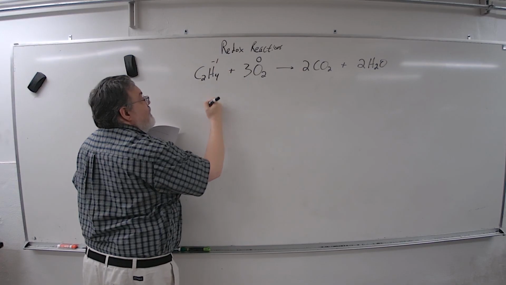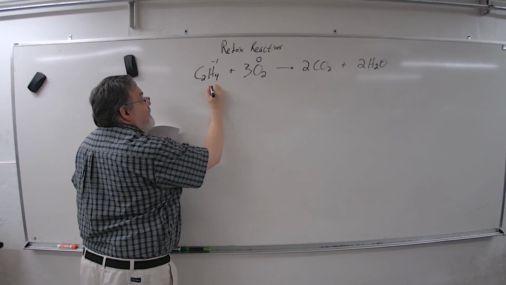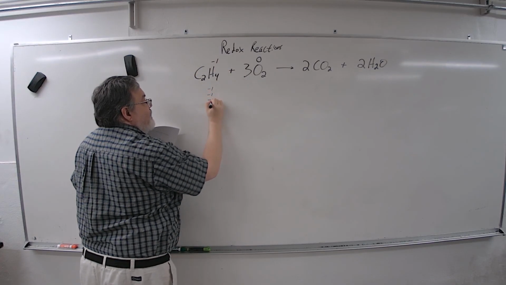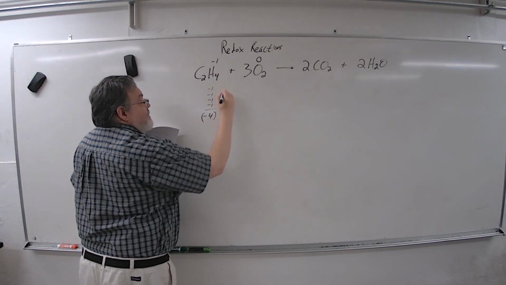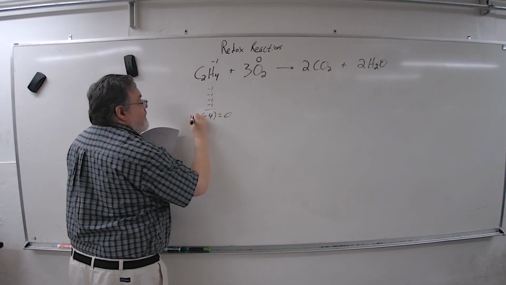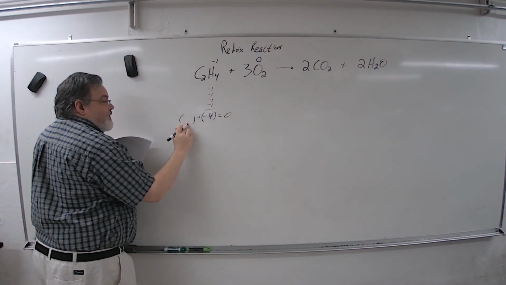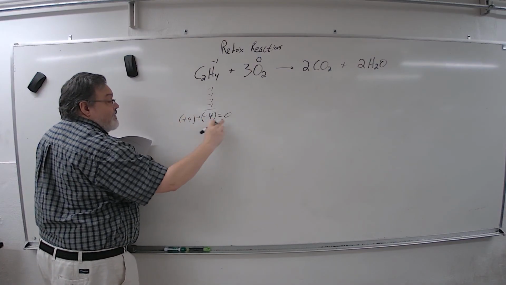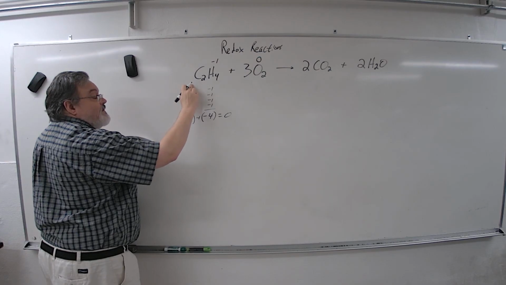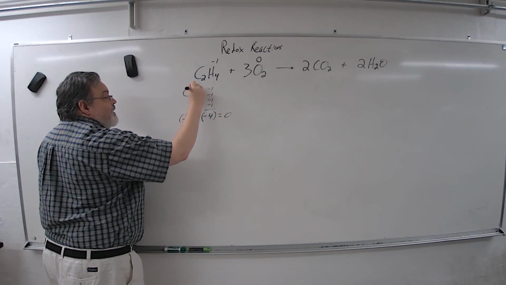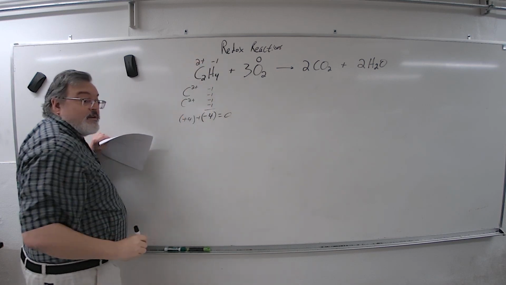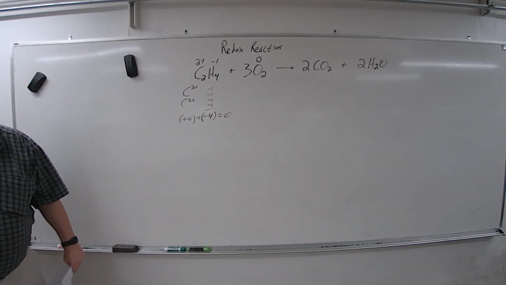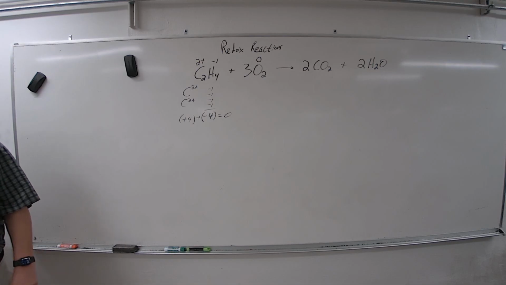This will be -1. All right, and if I've got 4 of them, -1, -1, -1, -1. Total of -4. There's no charge up here for this, so it equals 0. I need to put a +4 here to make this true. There's 2 carbons up here, so I have carbon 2+ and carbon 2+. Carbon is 2+ here. You with me? Follow the logic?